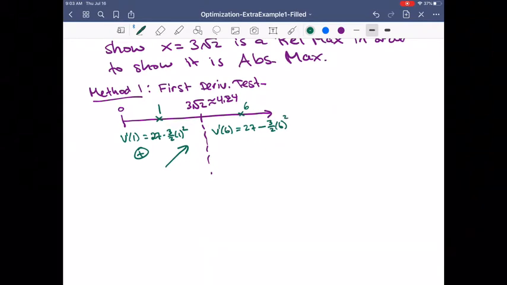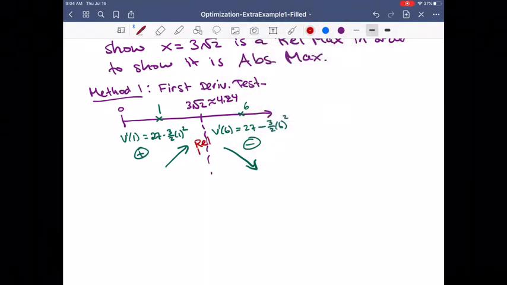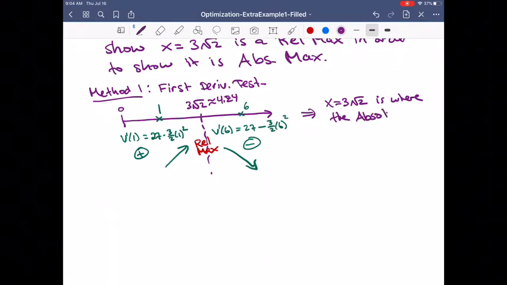That number is going to be bigger than 27, so when I subtract it, I'm going to get a negative number, which means I'm decreasing, which means that this point is a relative maximum, which is what I wanted. So this implies x equals 3 root 2 is where the absolute max occurs.